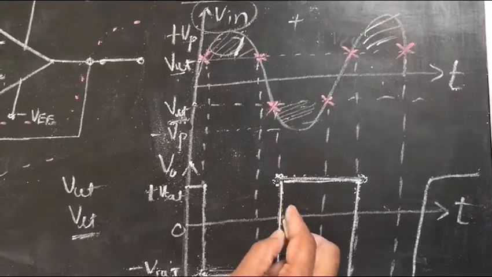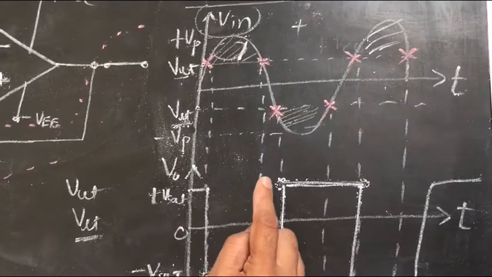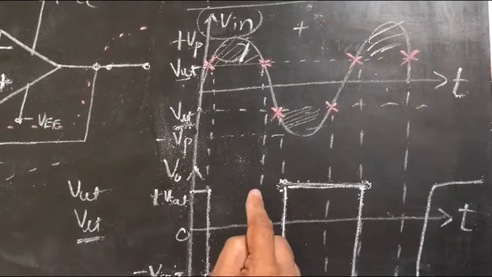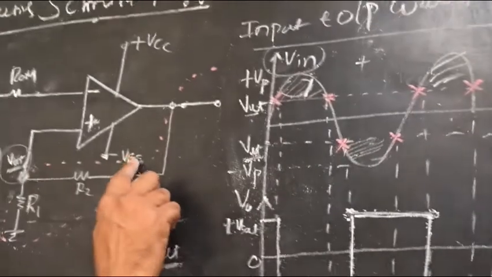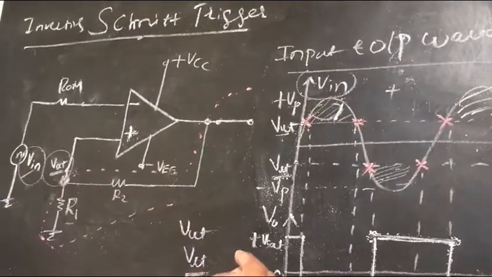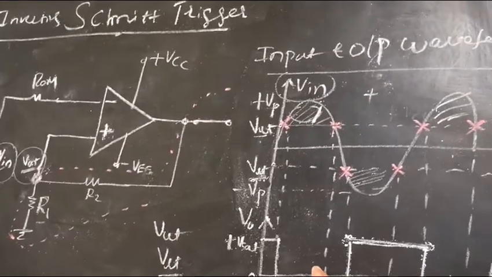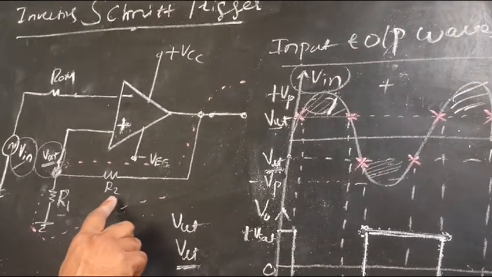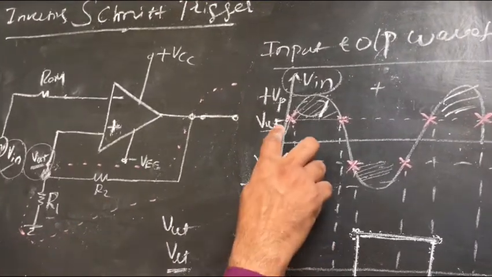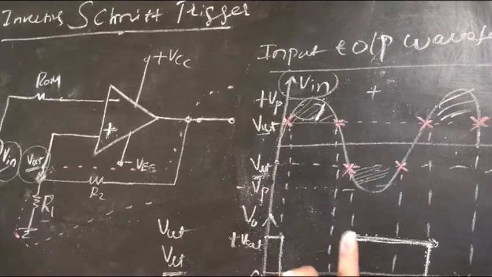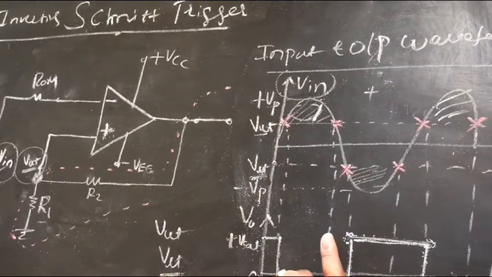If the voltages VUT and VLT are made larger than the noise input voltages, then this positive feedback will eliminate the effect called false triggering or false output transitions. When you vary the values of R1 and R2, we get different values of VUT and VLT according to our required applications.